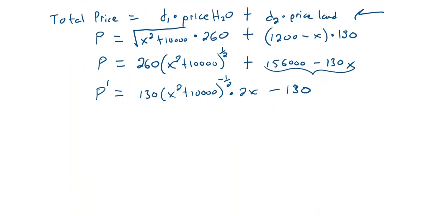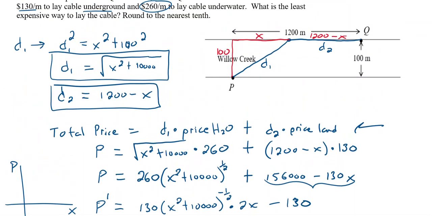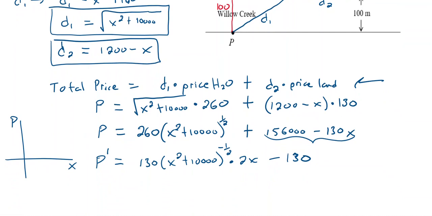So now if I want to minimize this, just as a quick little sketch, what we're after here is that my price would be on my y-axis, and my x that I'm graphing would be this x in my picture. I'm expecting that if it's a minimum, I'm going to be doing something like this, and I want to find my minimum value. So I'm going to set the derivative equal to 0. That's where it's flat.